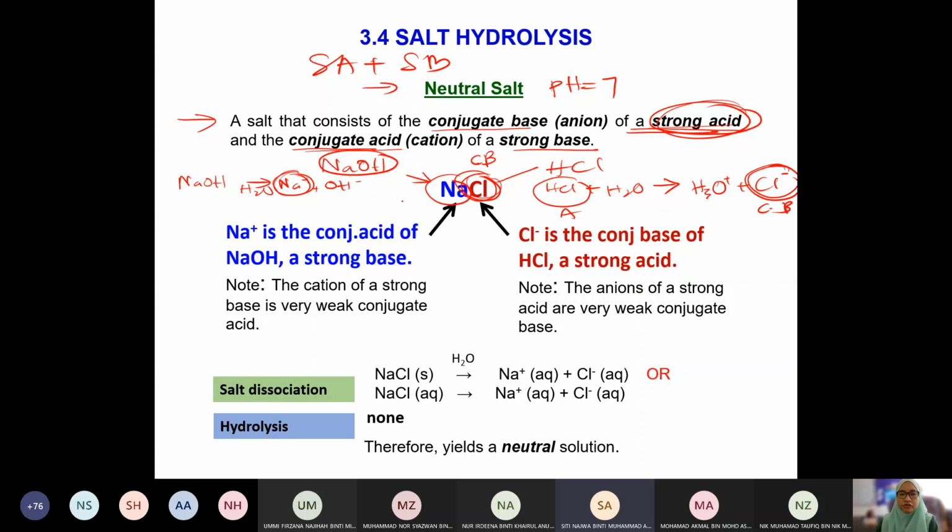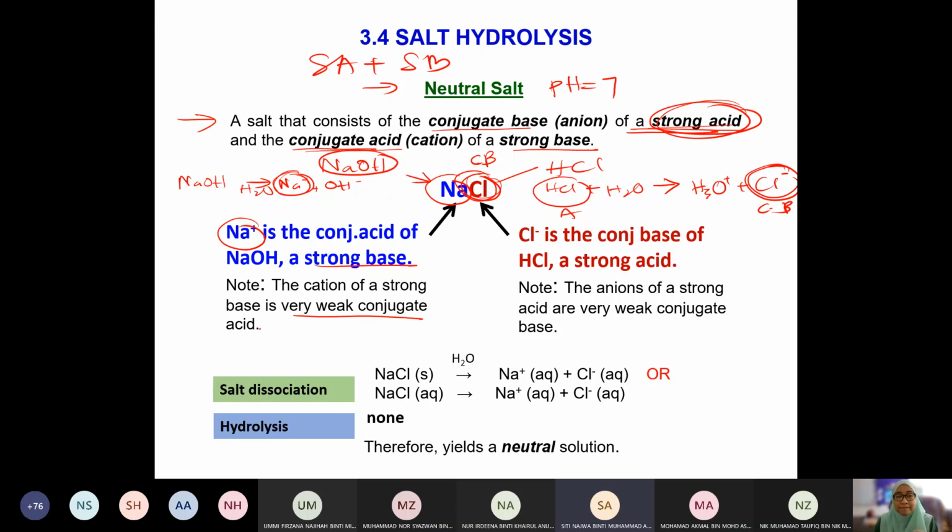The thing about the conjugate from the strong base, the cation, the sodium plus of a strong base, is that it is a very weak conjugate acid. What do we mean by very weak?